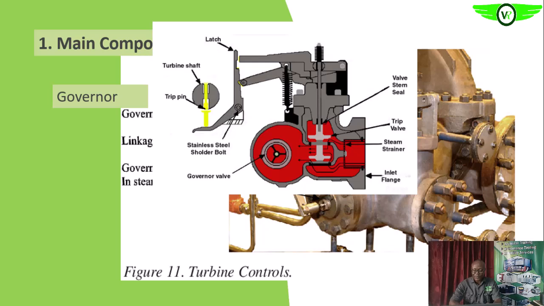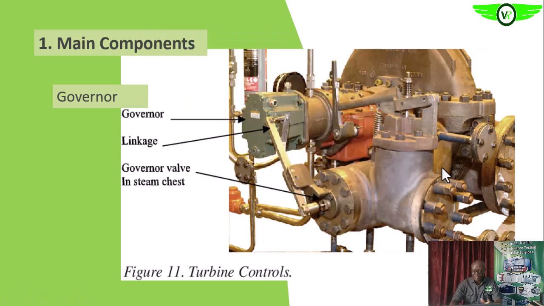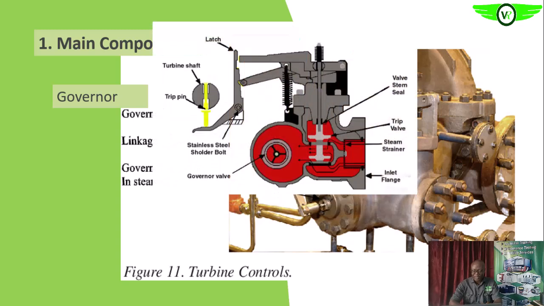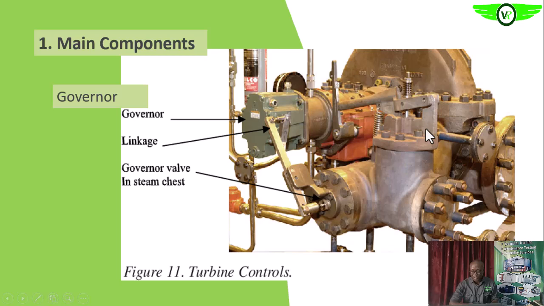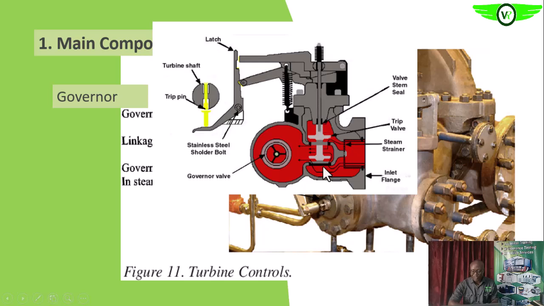This is the trip mechanism, the governor itself, and then as you can see, you see this latch. This is the stop valve, this particular one that we saw, the main steam stop valve, and that is what is here.